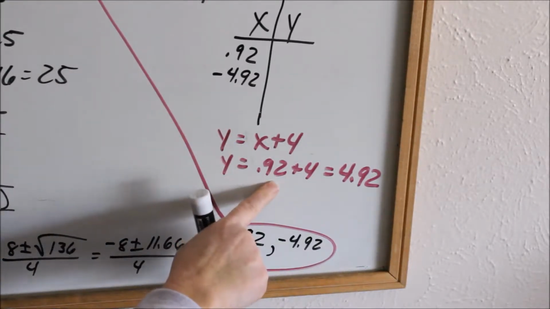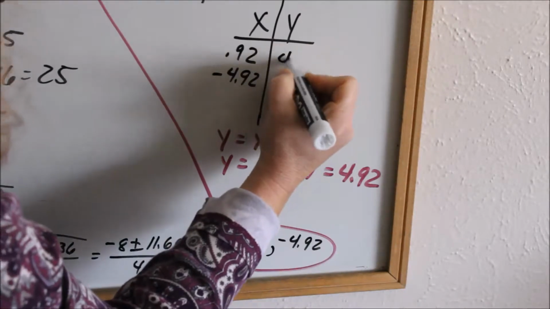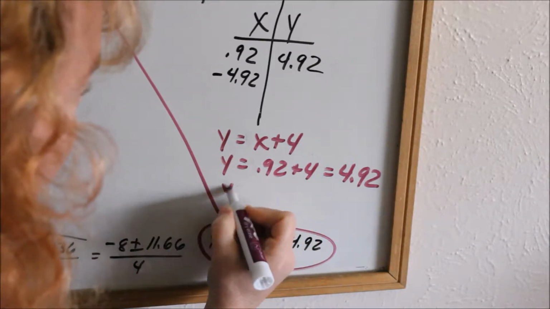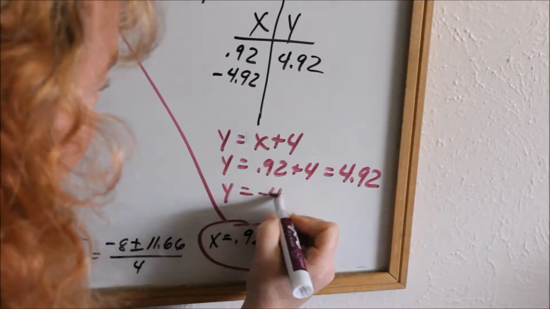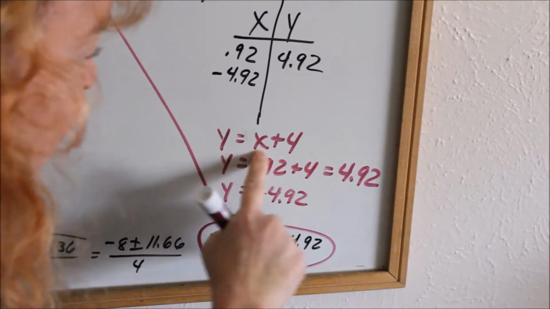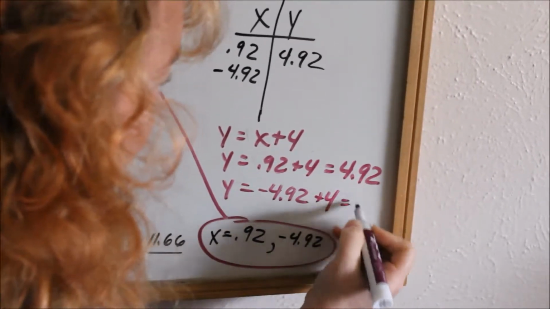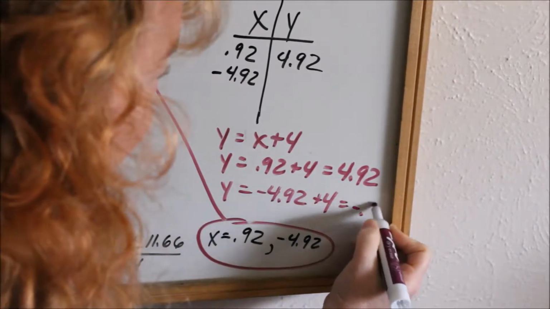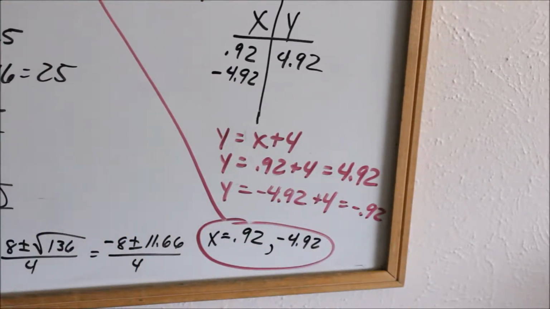When x is 0.92, my y value is 4.92. Okay, now let's determine when x is negative 4.92, plugging it back in right here, negative 4.92 plus 4. A negative 4.92 plus 4 would be a negative 0.92.